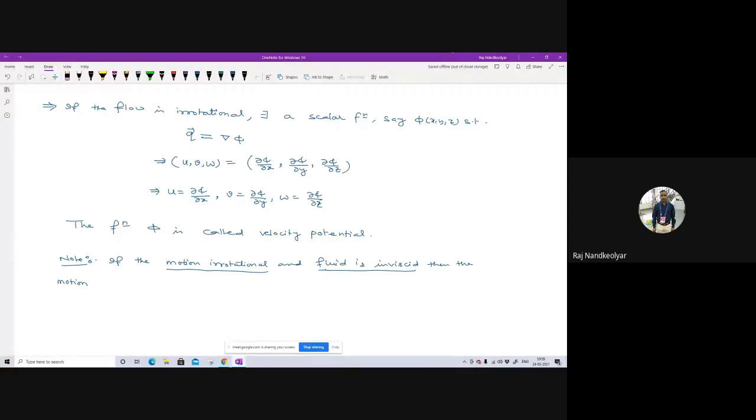Okay? Such a flow, which always remains irrotational, is called potential flow.